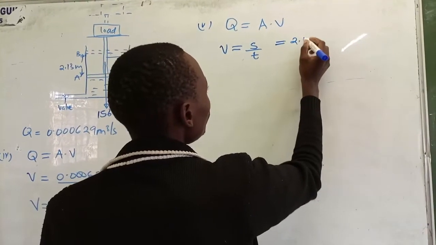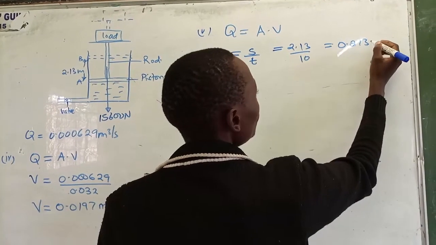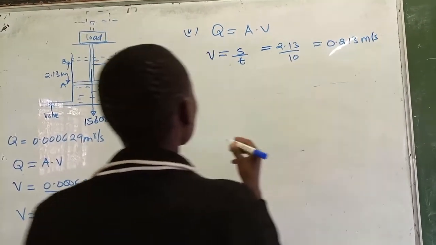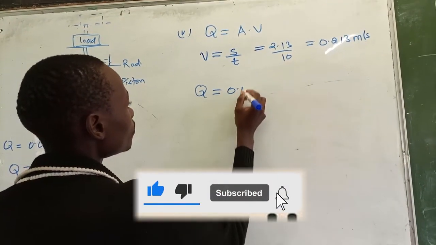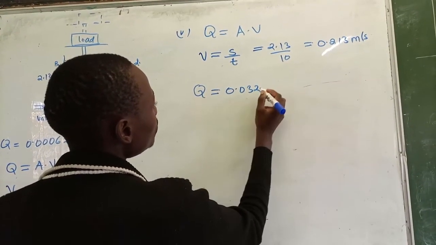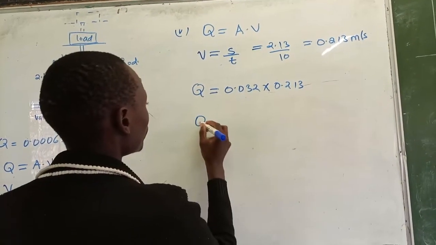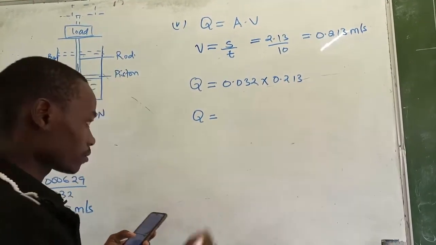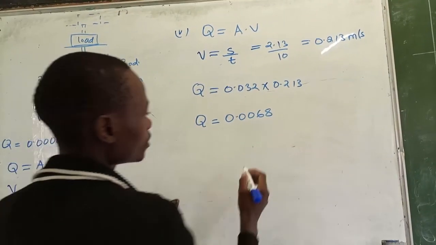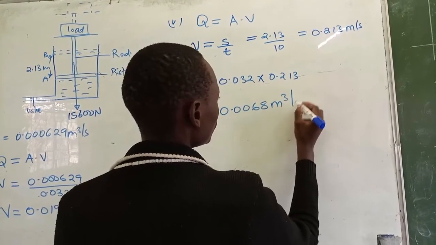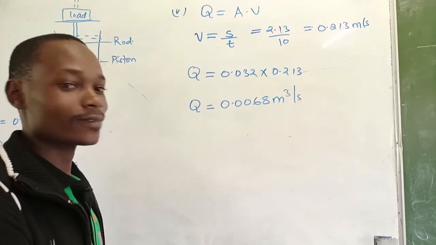So that is 2.13 out of 10, giving us 0.213 meters per second. Therefore, the discharge shall be area times the velocity. And that gives us 0.0068 cubic meters per second. Thank you. That's all I had.